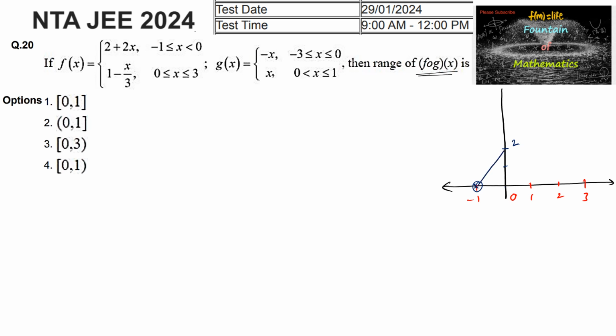So the graph will be in this way, and again from 0 to 3 the graph can be taken as at x is equal to 0 it is 1, and at x is equal to 1 it is 1 minus 1 upon 3, that is 2 by 3, and at x is equal to 2 it is 1 by 3, at x is equal to 3 it is 0. So we can see the graph is coming down. So this is 1 by 3, and here is a point 1 comma 2 by 3.